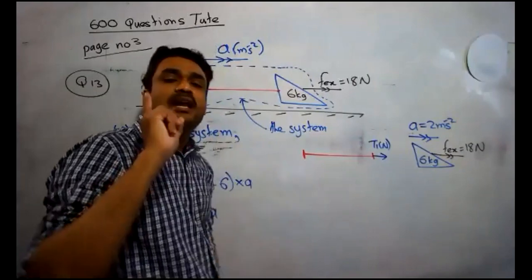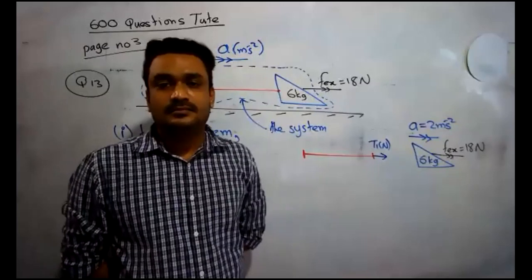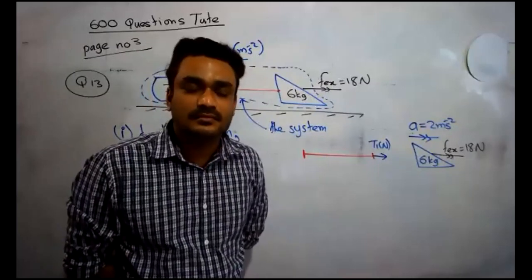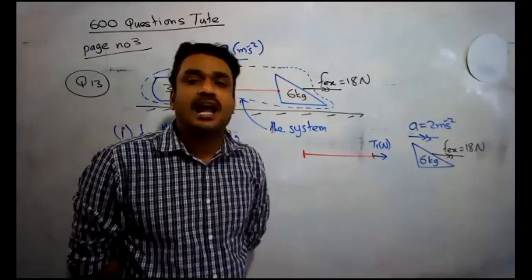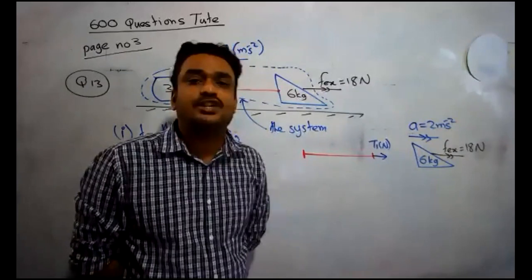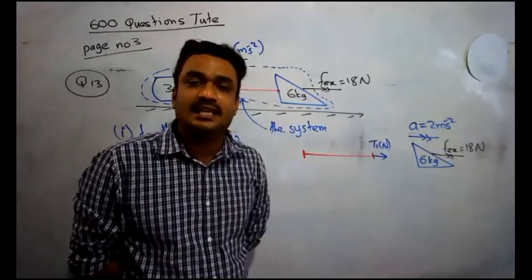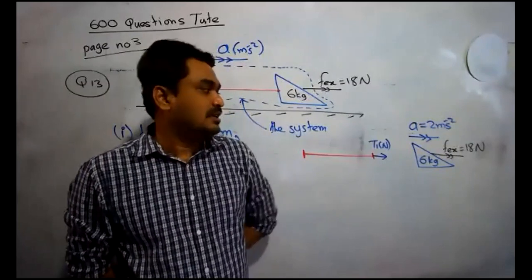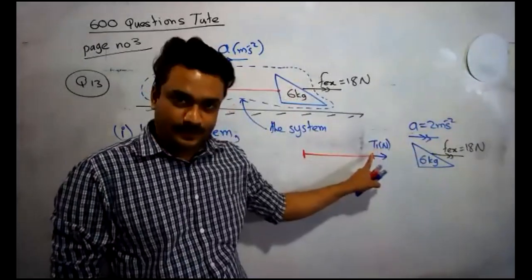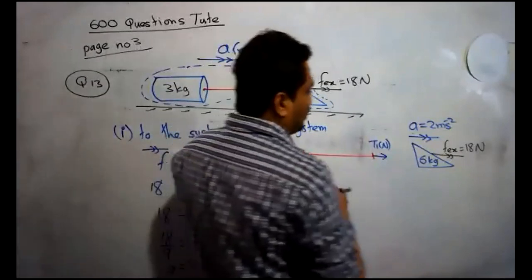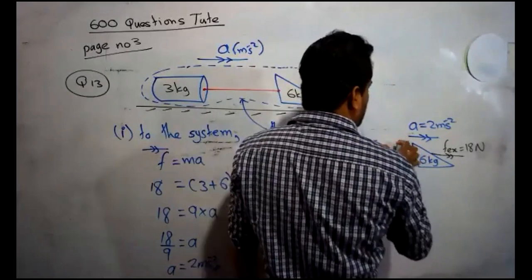Now somebody unmute the mic and tell me Newton's third law of motion. Every action has an equal and opposite reaction. Every action means every force has an equal and opposite reaction force. When the 6 kg object gives a force of T1 to the string, the string gives an equal and opposite reaction force of F1 to the 6 kg object.